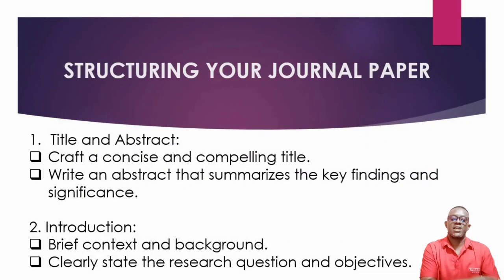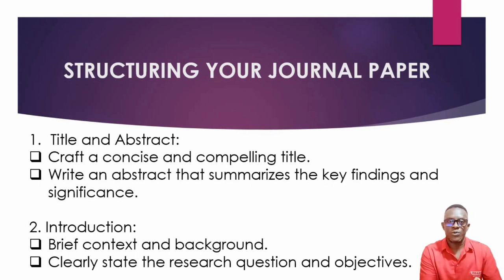So basically, a journal paper most of the times has 6 parts. So therefore, in this slide, I call it the structure of your journal paper. So first and foremost, you have the title and the abstract. You need to craft a concise and a compelling title.